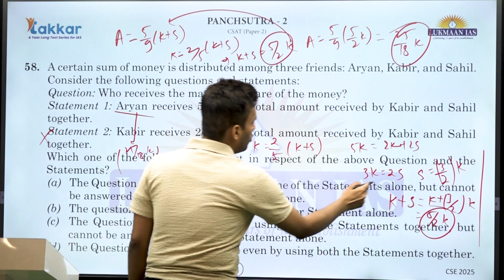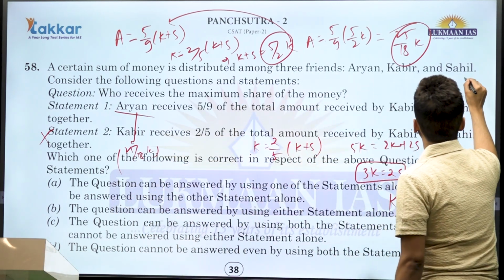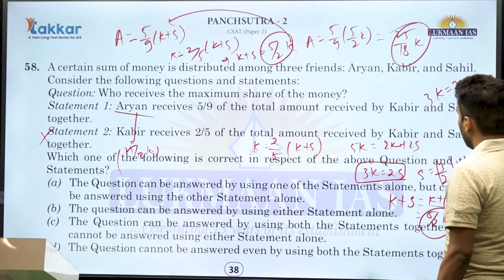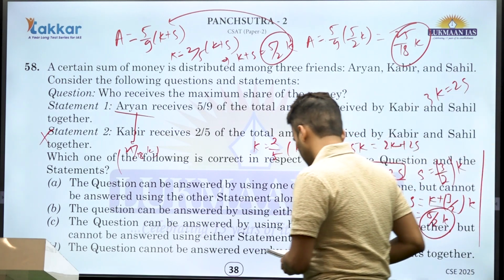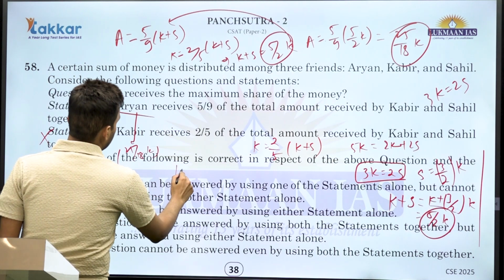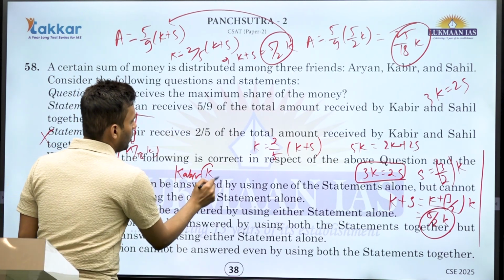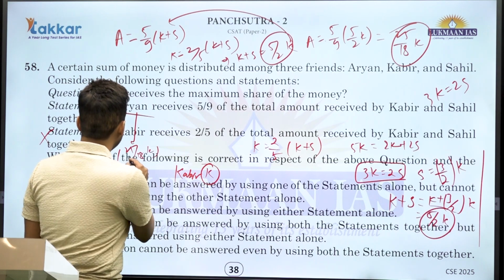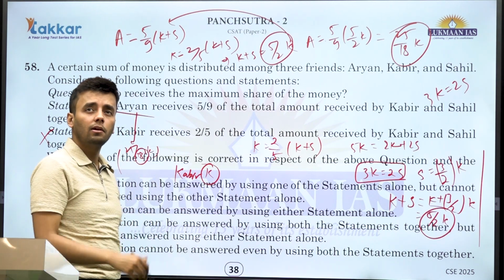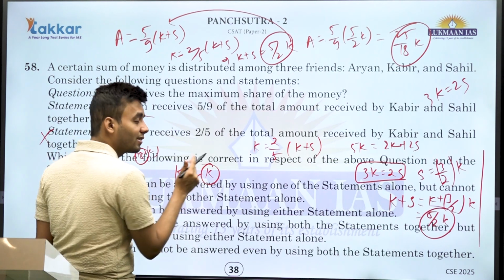Now from statement 2, we had gotten a relation that is 3K is 2S. Okay. And Kabir we denoted as K, so it will be K only. And since the base is given as 18, we will try to write K such that it remains K only.